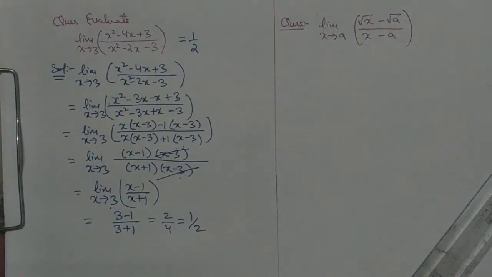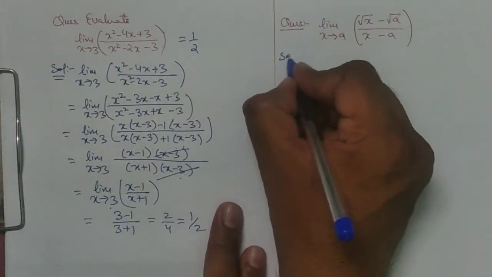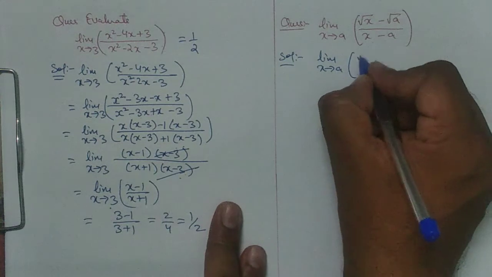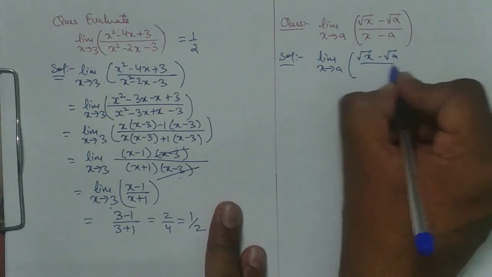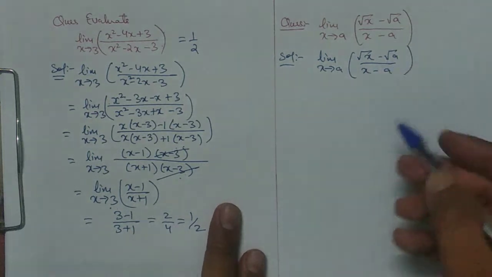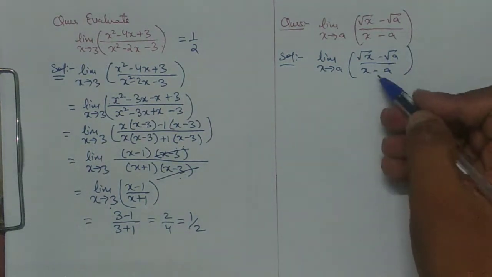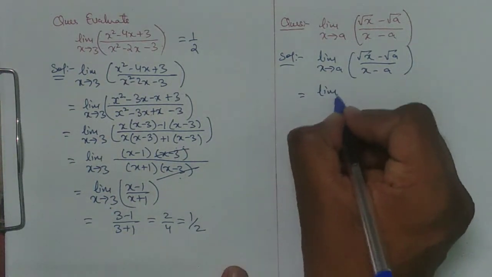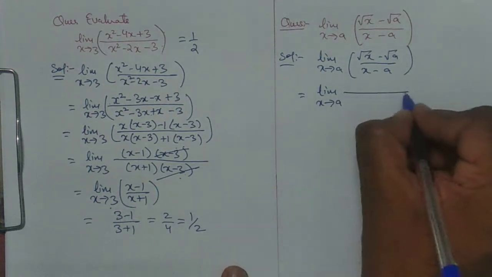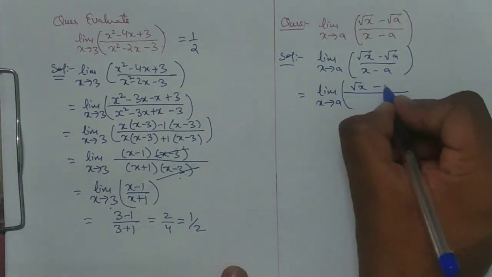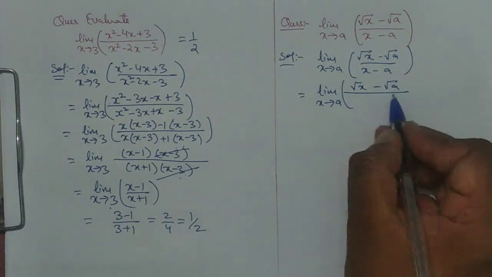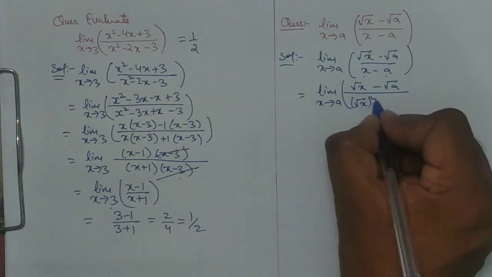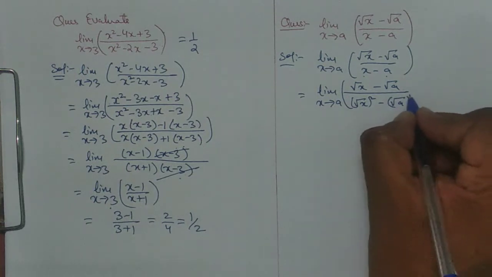Now let us solve another question. Now see this function. First of all I will simplify this function. So it will be equal to limit x tends to a, root x minus root a upon, now see x minus a, it can be written like this: root x square minus root a square.